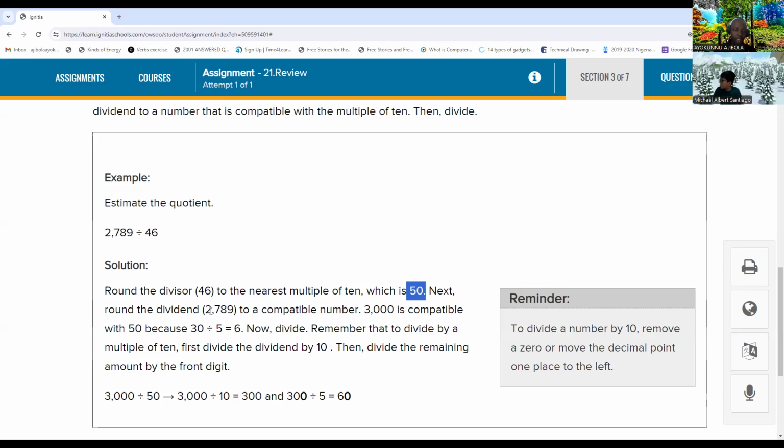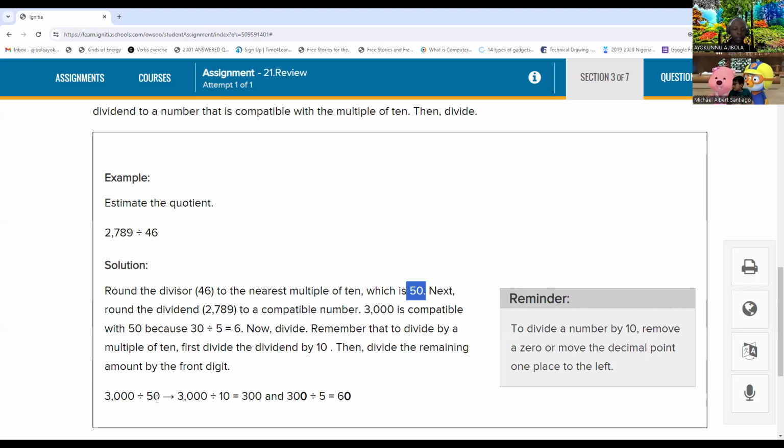So we go in thousands. That is 3,000. Because 30 divided by 5 is 6, now we have zeros in the end. So we have 3,000 as the new dividend. So now divide. Remember that to divide by a multiple of 10, you first divide the dividend by 10. Then divide the remaining amount by the front digit.